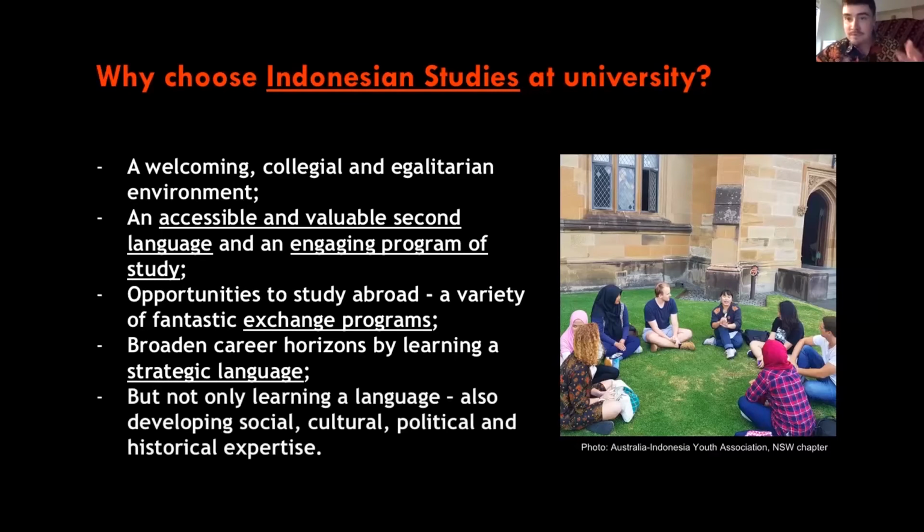And finally, as we've touched upon, when you take this course of study, you're learning skills that you can apply right across your social science courses, social science units, at the University of Sydney. So you might be learning about history, you might learn skills in research that you can then apply to a history course that is not about Indonesia.